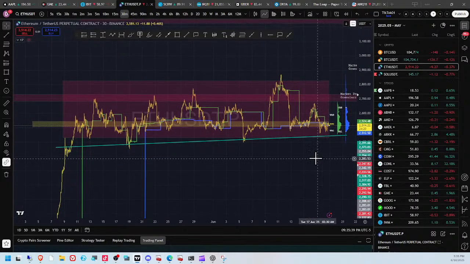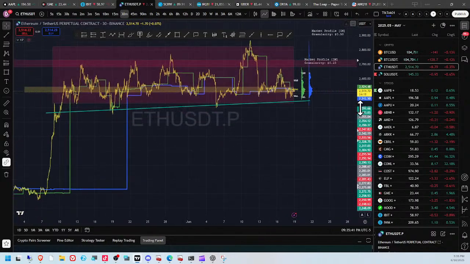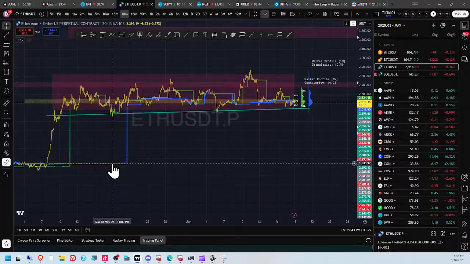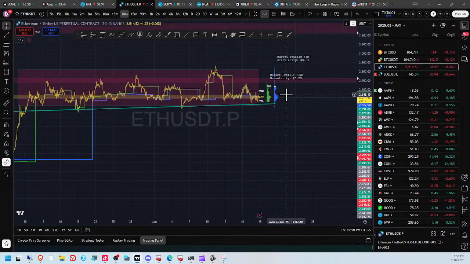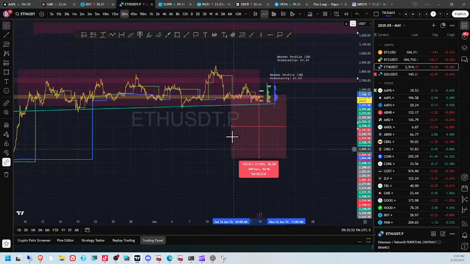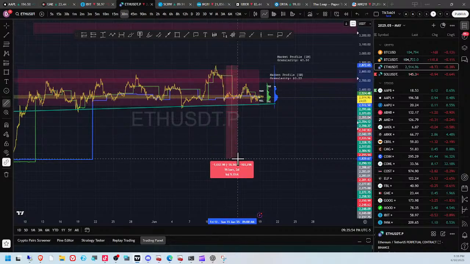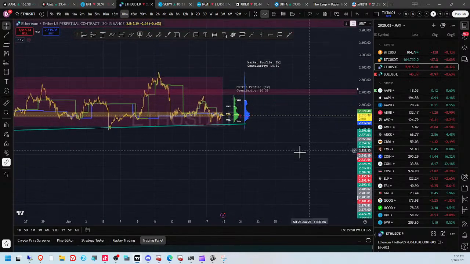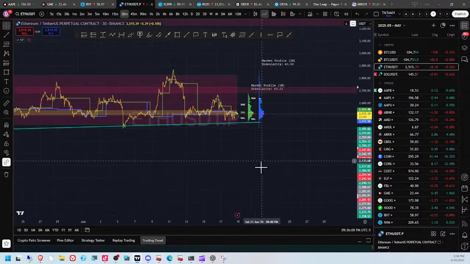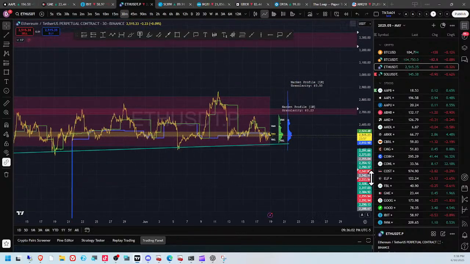It's tested it a little too many times for me. I do have alerts here at this monthly developing point of control at 1845 or so, which is a huge move down, 27%, 36 from the local top. I'm not saying we'll get it, but I have alerts there, kind of stink bids just in case.